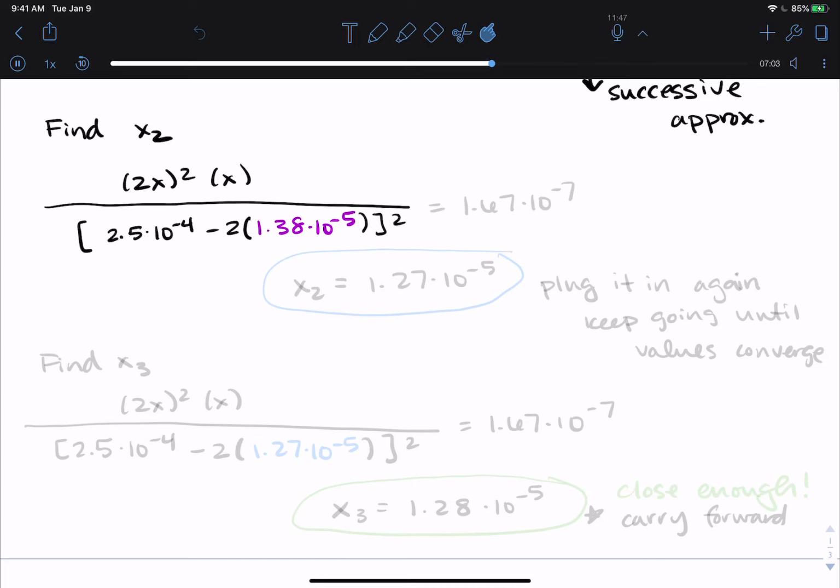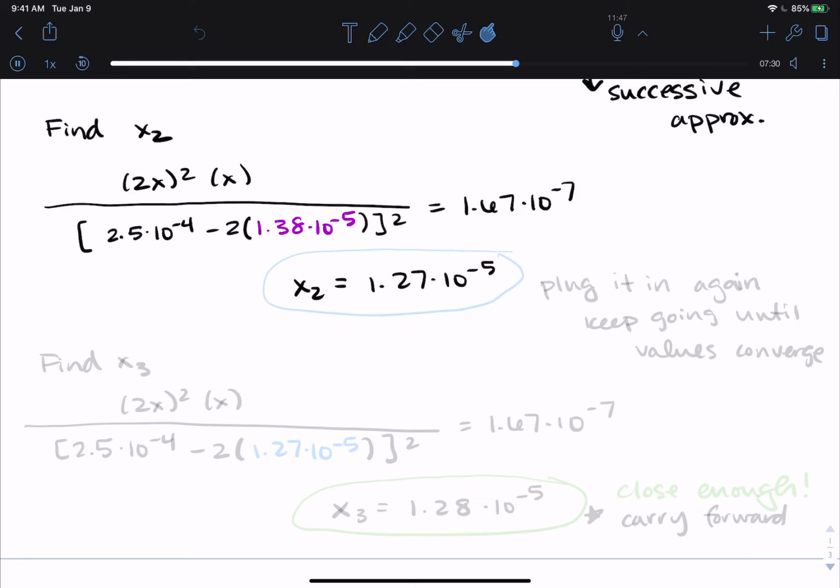And that entire quantity squared equals 1.67 times 10 to the minus seventh. All right. If I solve for x here, I'm going to call this x2, I get 1.27 times 10 to the minus fifth.